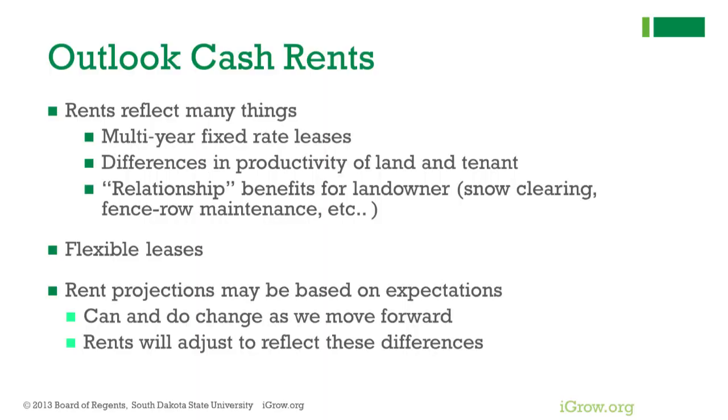We're also seeing some renewed, increased or continuing interest in flexible cash rent arrangements. A lot of times when we look at those, we find that there is some negotiation between landlord and tenant. Anybody that's interested in flex leases can contact SDSU Extension, and we'd be glad to work through some of the provisions and help you set a flex rental arrangement in place.